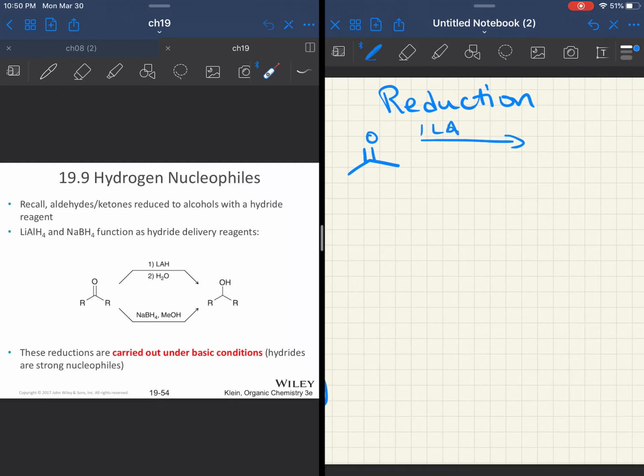If you have an aldehyde or a ketone, you can use LAH followed by water, and it has to be 2 steps unless you would like to be unsafe. Or you can also use sodium borohydride and methanol.